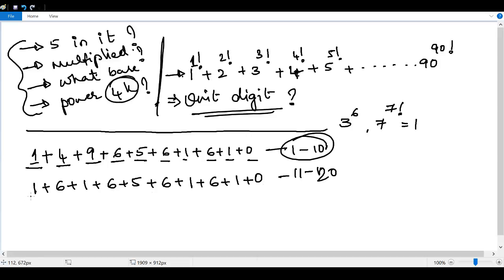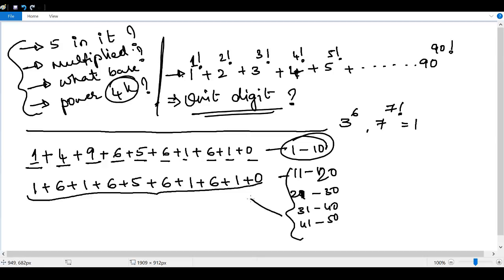Do you see the pattern is changing after 11? In fact, from 11 to 20, 21 to 30, 31 to 40, 41 to 50, all of this will have the same pattern. It's not going to change.